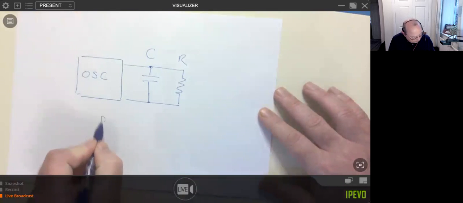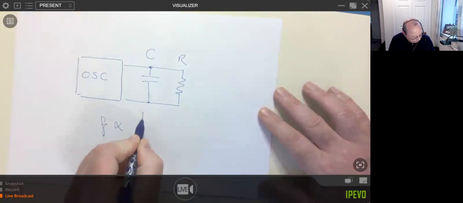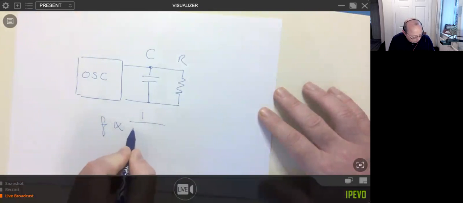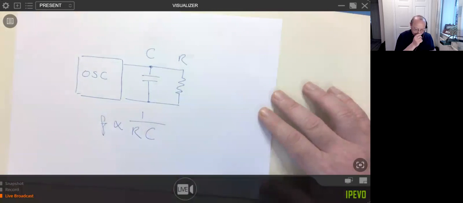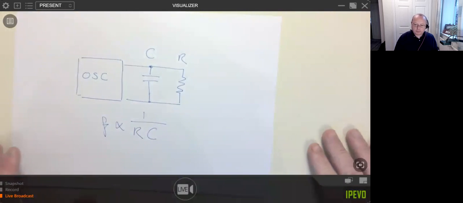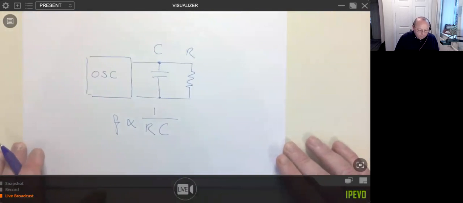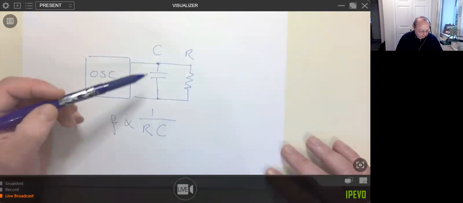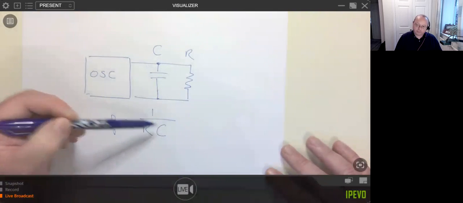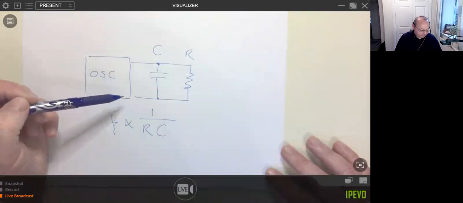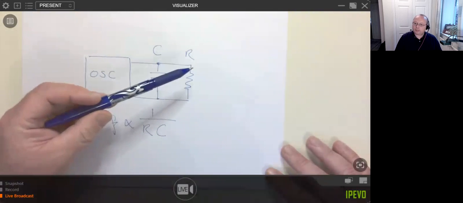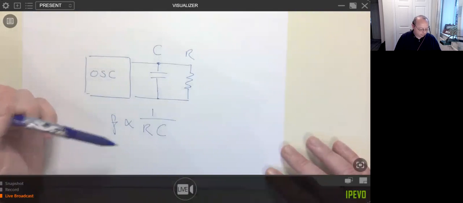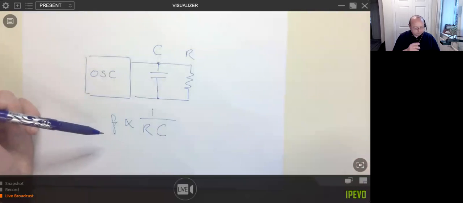Let's say F is somehow inversely proportional to R and C. So if the capacitance goes up or down, obviously it will affect the frequency. And similarly, if the resistor goes up or down, it'll affect the oscillator frequency.